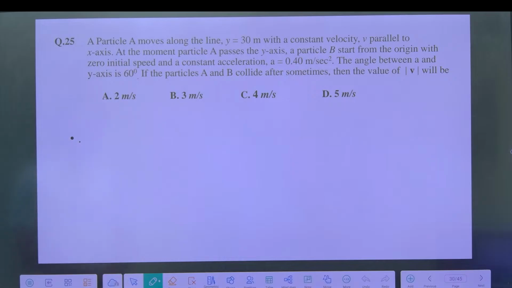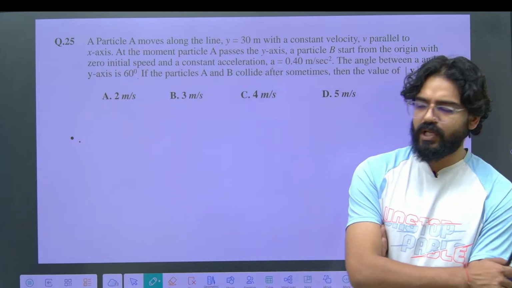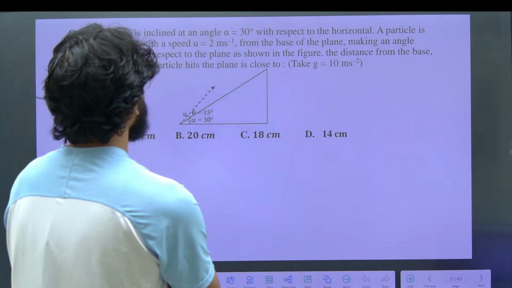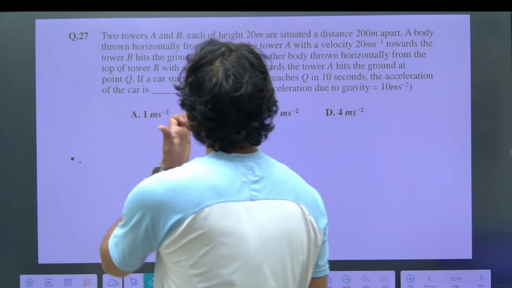At the moment particle A passes the y-axis, a particle B starts from the origin with zero initial velocity. The particles collide after some time, then find the value of the angle. So it's a question of relative motion in 2D. Let's do it later. Again, an inclined question. Okay.